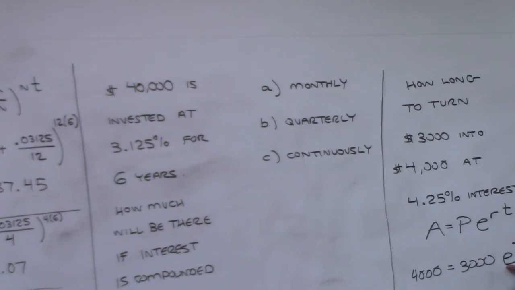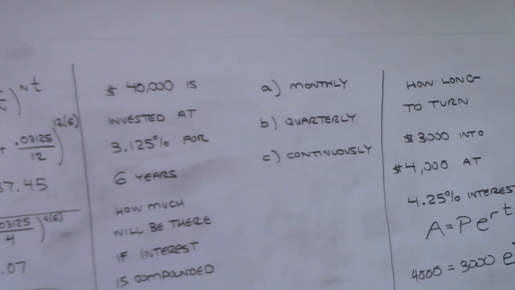And we're trying to get E by itself, so you first divide both sides by 3,000. That's your first step. And that'll give you 1 point, what is that? 33333. And now you have to use your natural log button.